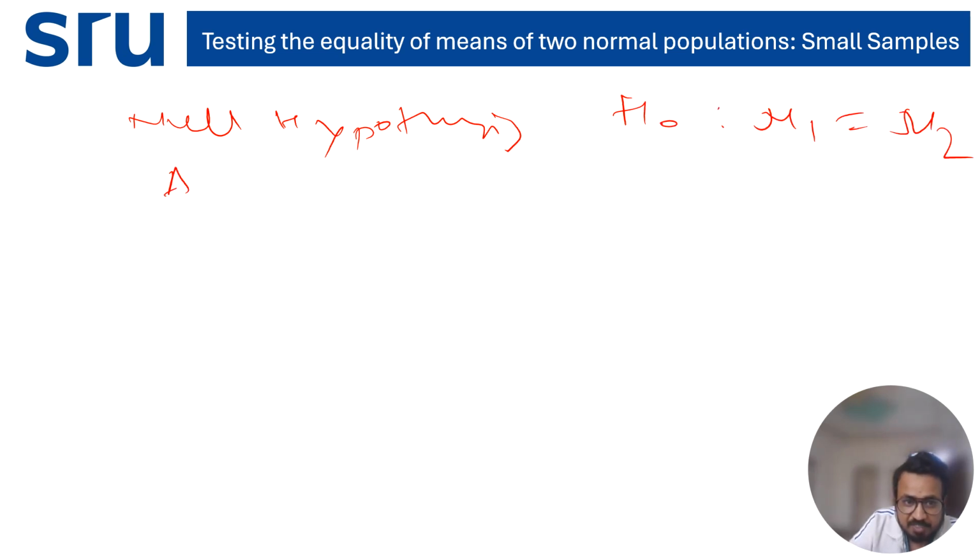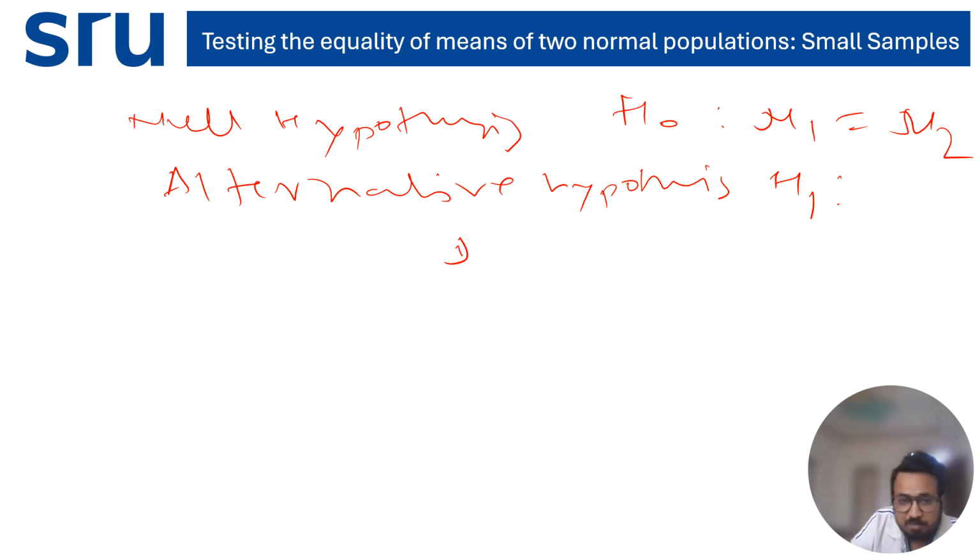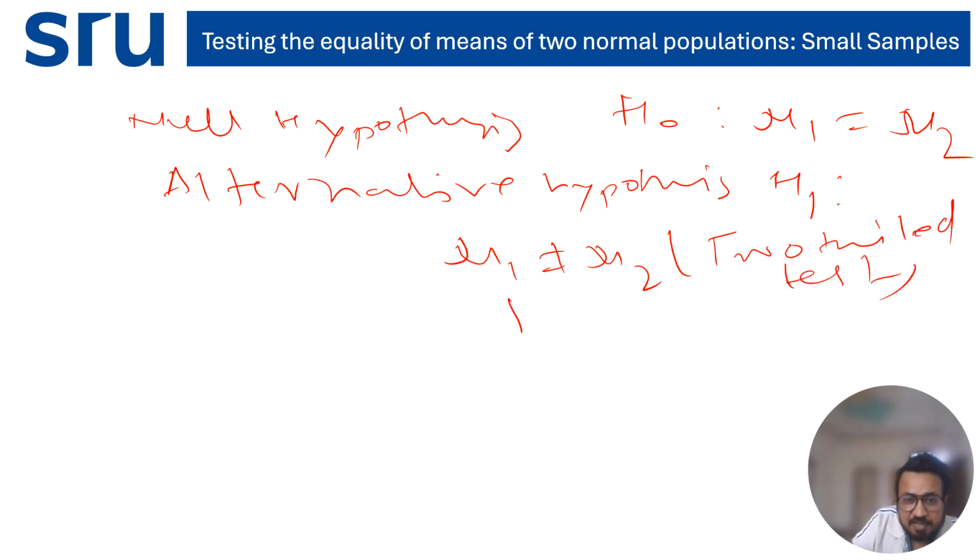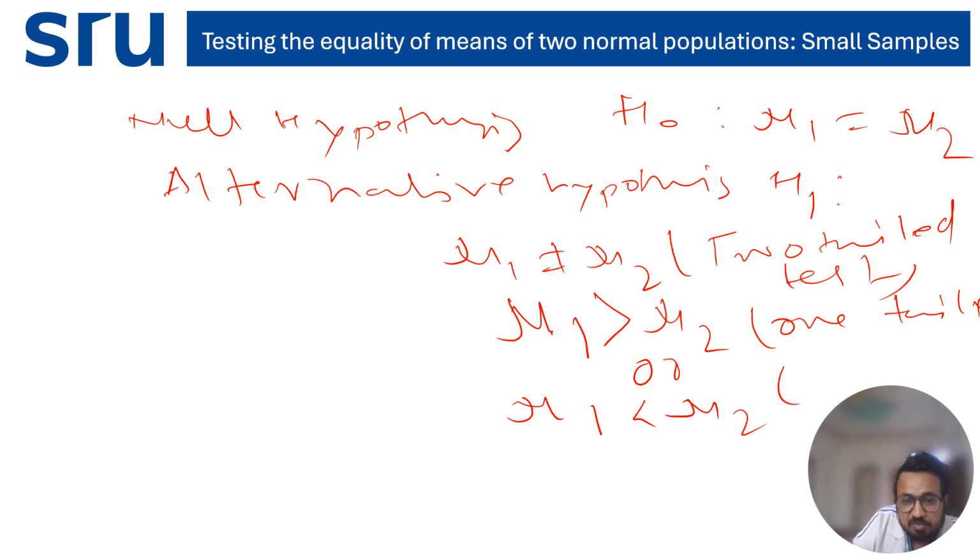The alternative hypothesis H1 is mu1 not equal to mu2 for a two tail test, or mu1 greater than mu2 for a one tail test, or mu1 less than mu2, also for a one tail test. The first is called the right tail test and the second the left tail test.